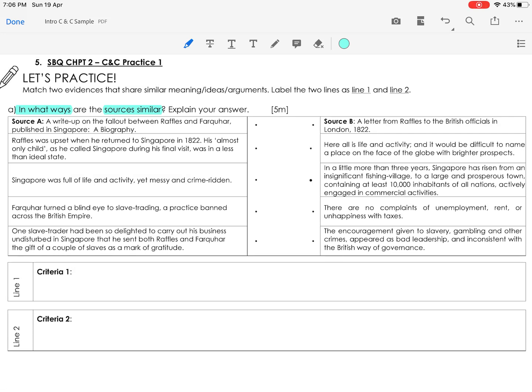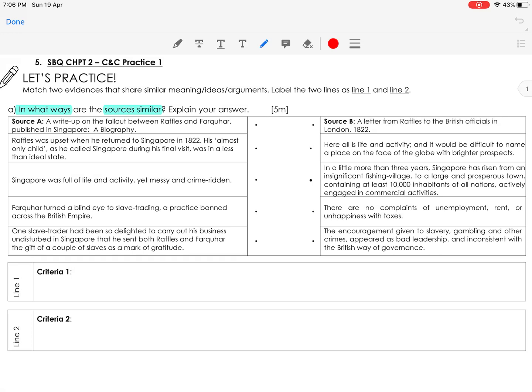Okay, from source A and source B, which are the two pieces of evidence, you match them on your own, which shows the similarities in the sources. There's one evidence from A and one evidence from B that shows you the similarities. Take some time to do it.